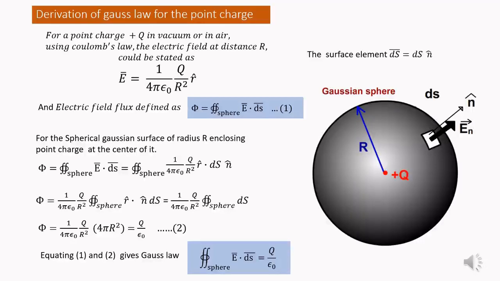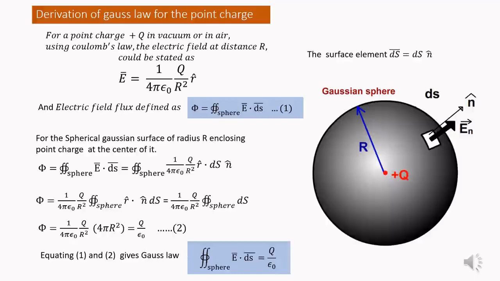And correspondingly, electric field flux could be defined as phi is equal to the surface integral over the sphere created by using capital R as the radius and charge at the center, evaluated for E bar dot ds bar.